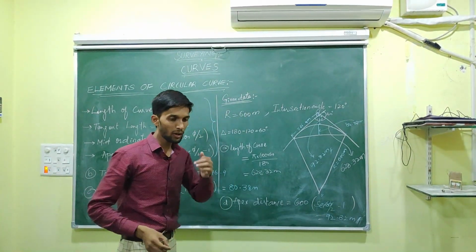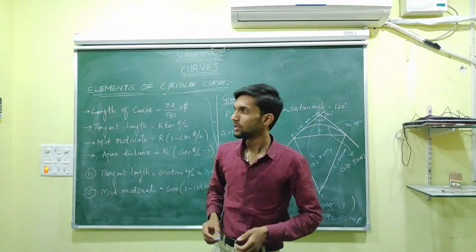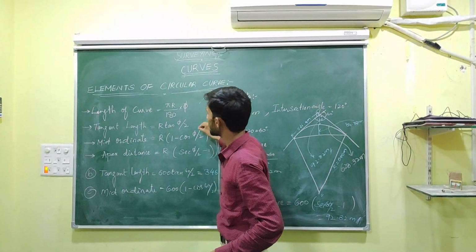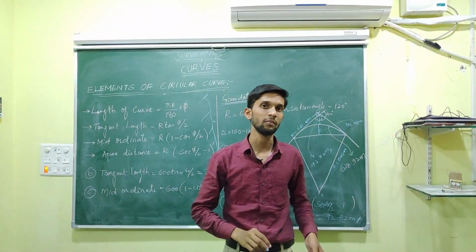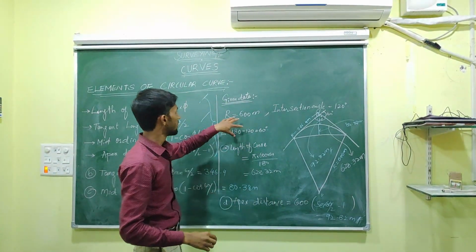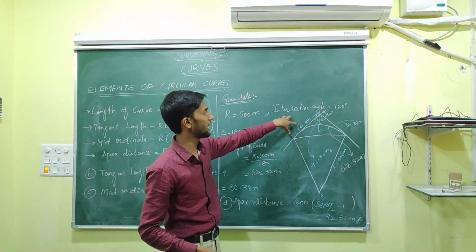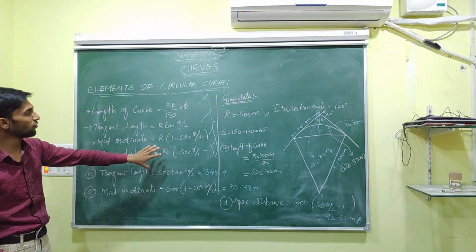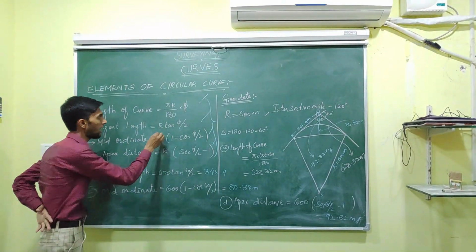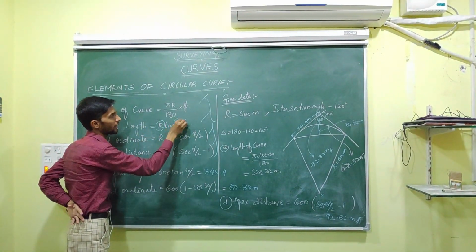Okay. In the problem, he asked to find out these four: length of curve, tangent length, mid ordinate, and apex distance. And the data is given as radius and the intersection angle. To find these, in these four formulas, we have to know the r value and the phi.